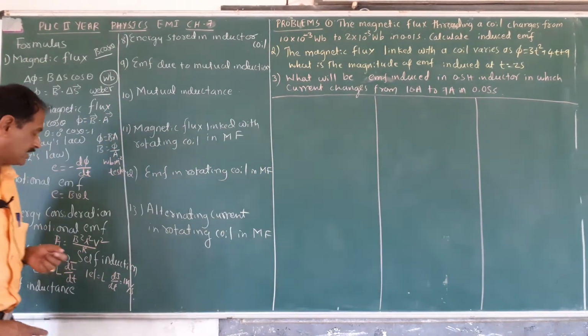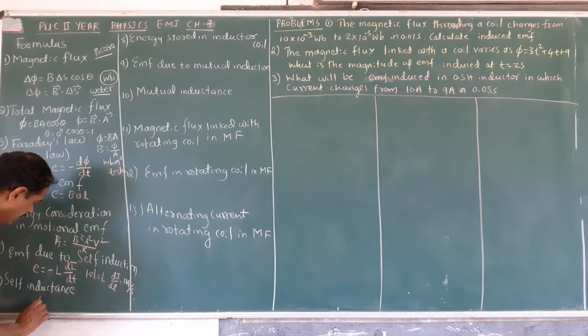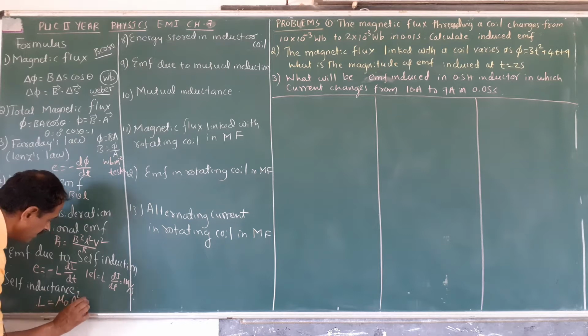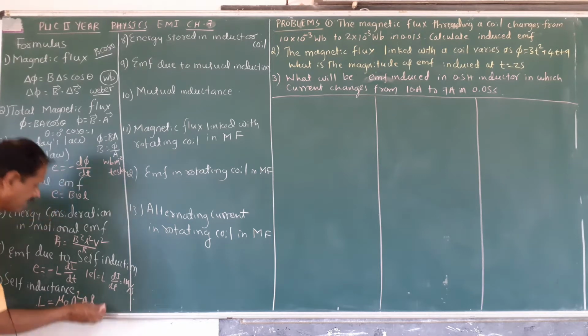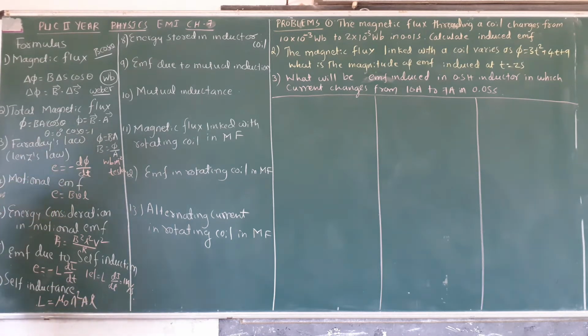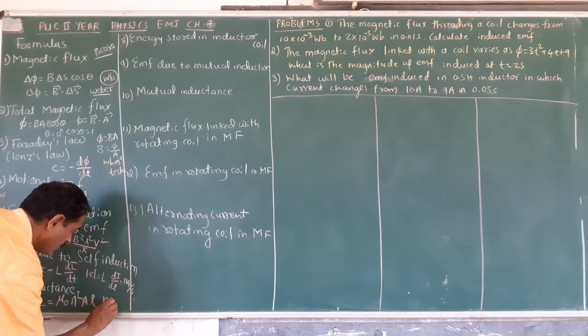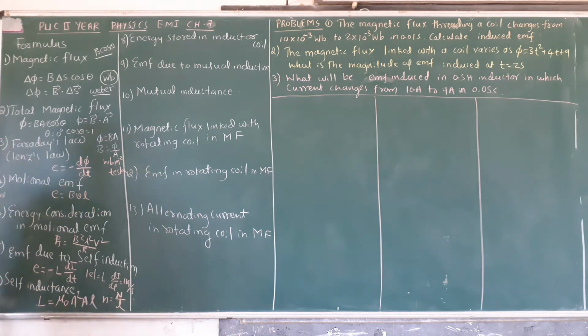Now the self-inductance of the coil L is equal to, for air medium, mu naught n square A into l. What is mu naught? Permeability of free space. What is n? Number of turns per unit length, which is nothing but total number of turns divided by total length.